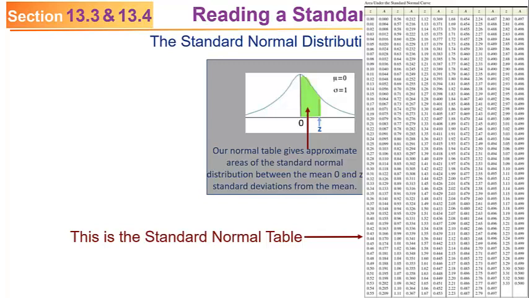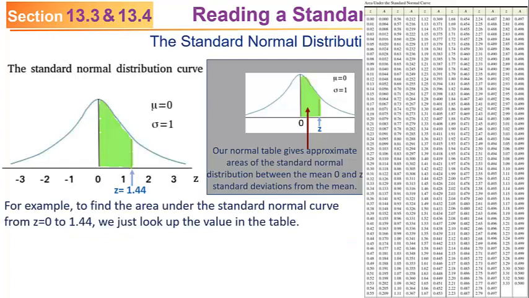You've got to keep in mind that this table gives you certain values that have a graphical meaning, and I put that up on the left of the table. Those areas, which is what that table shows, represent the area under the standard normal curve from 0 to the right to some particular value of z. So for any particular value of z, you can look up in that table what the area would be.